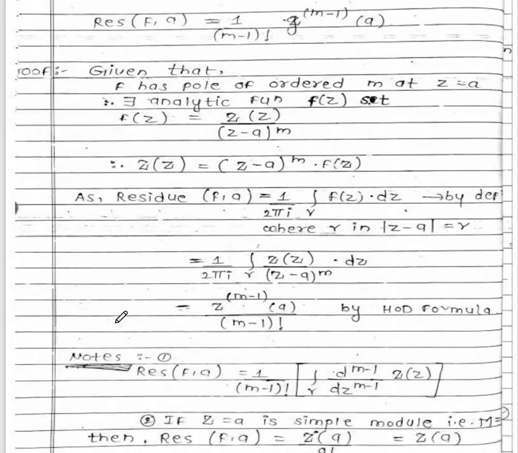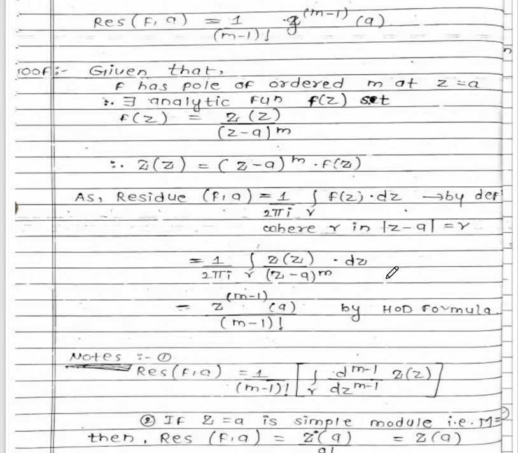We know that by the definition, the residue of f at the point a equals 1 upon 2 pi i integral over gamma of f of z dz, where gamma is the circle |z minus a| equal to the radius. Putting the value of f of z, we get 1 upon 2 pi i integral over gamma of g of z upon (z minus a) to the power m dz.